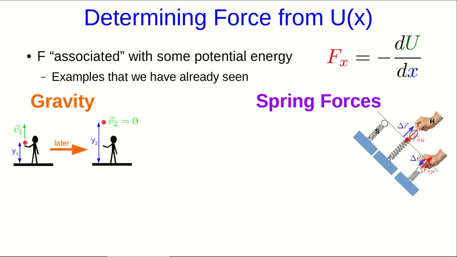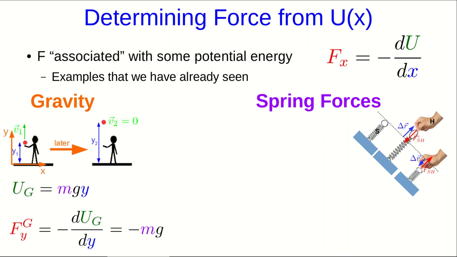The gravitational force is associated with a gravitational potential energy, and spring forces are associated with spring potential energies. So in the case of gravity, if I set y to be positive up, then the gravitational potential energy is mgy. And if I take the derivative of that with respect to y, I can get the y component of the gravitational force, and it comes out as negative mg, exactly what it should be.